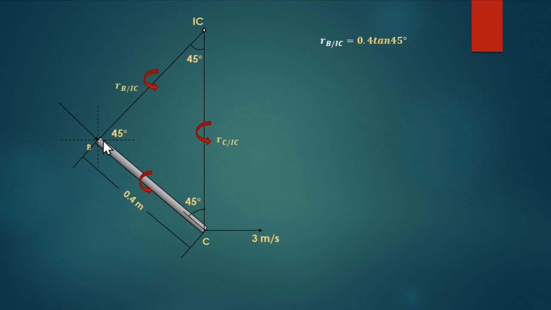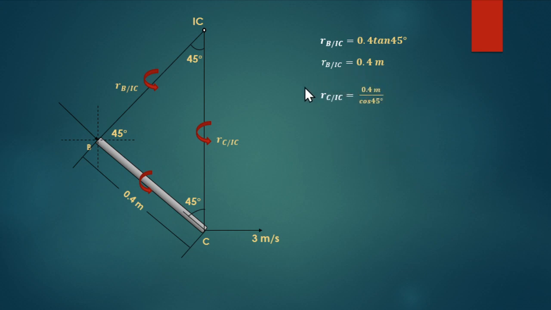This is your opposite side and this is your adjacent side. So we can get the distance from B to the instantaneous center, and we have 0.4 meter.